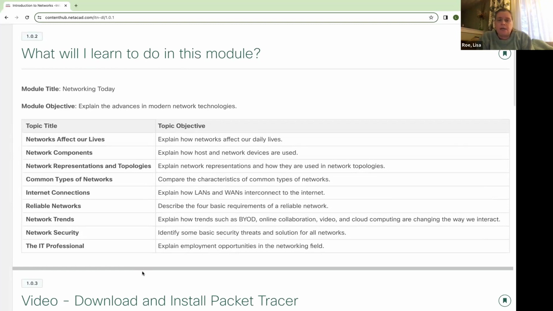We're going to talk about different kinds of networks and how we get connected to the internet. We're going to talk about what reliable networks are composed of and some trends that are happening today, as well as some basic security, and then what the IT field might look like.